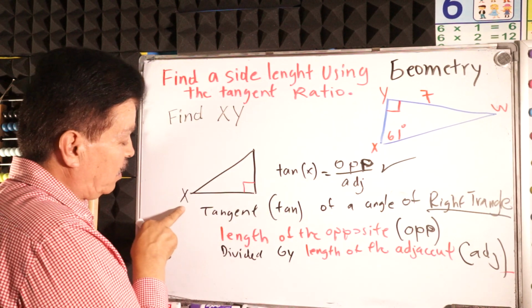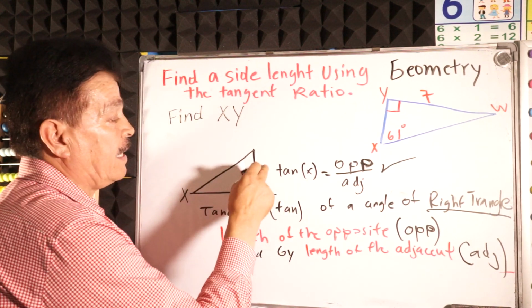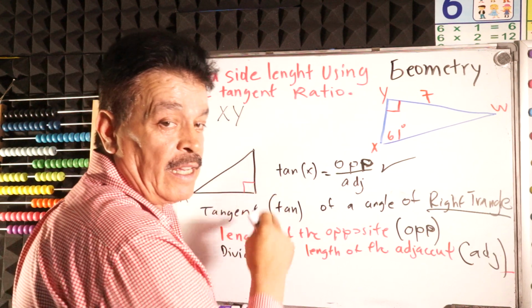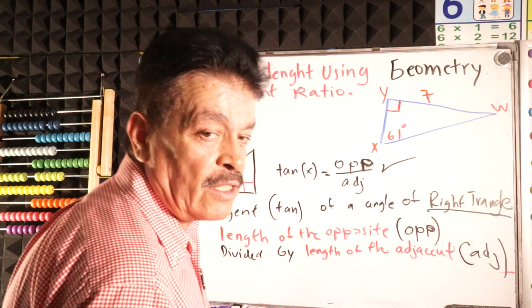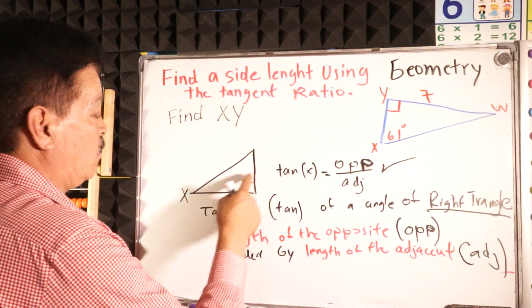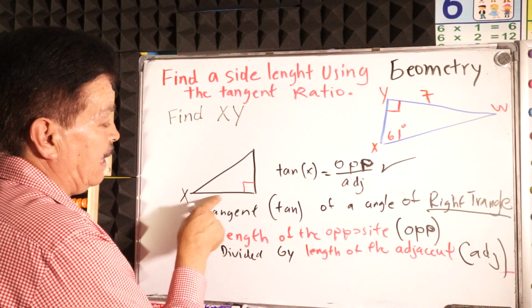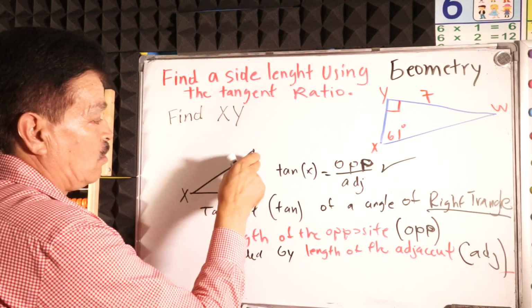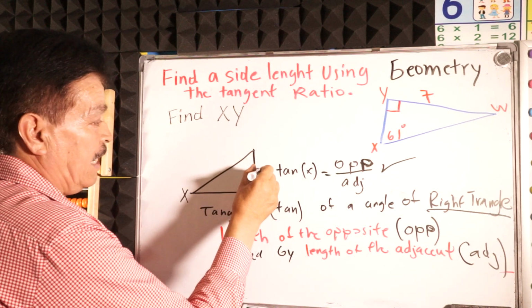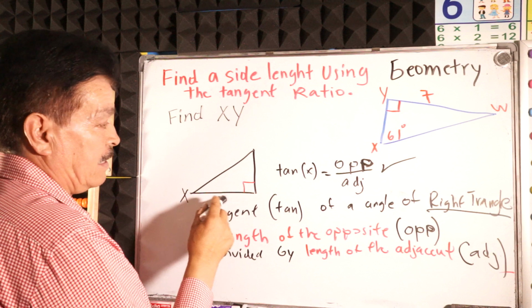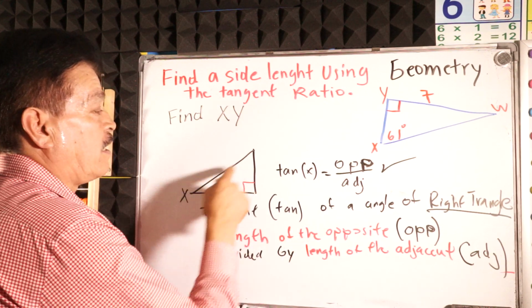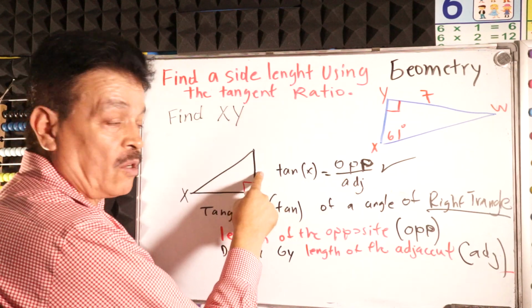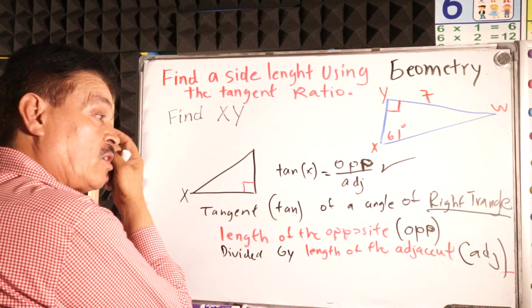In this case, we're talking about the x angle. The opposite leg is this one. And then the adjacent leg is the leg next to the specified angle. The adjacent leg is right here. This is the opposite leg, and this is the adjacent leg. Adjacent is next to, and the opposite is across the other side from x. All right, so this is the concept of the tangent.